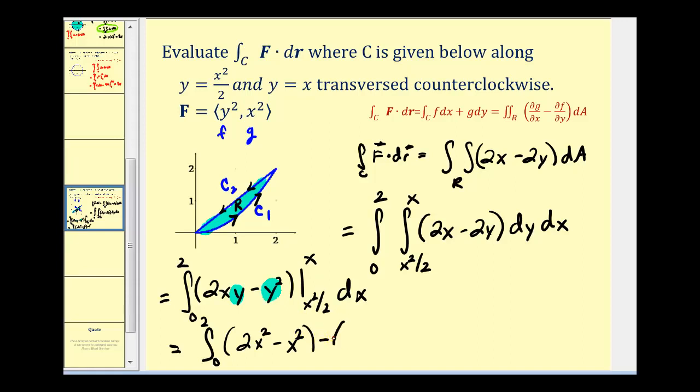And we'll have minus 2x times x squared over 2, that's going to give us x cubed, minus x squared over 2 to the second power is going to give us x to the fourth over 4. Combining our like terms, we'll have x squared minus x cubed plus x to the fourth over 4.